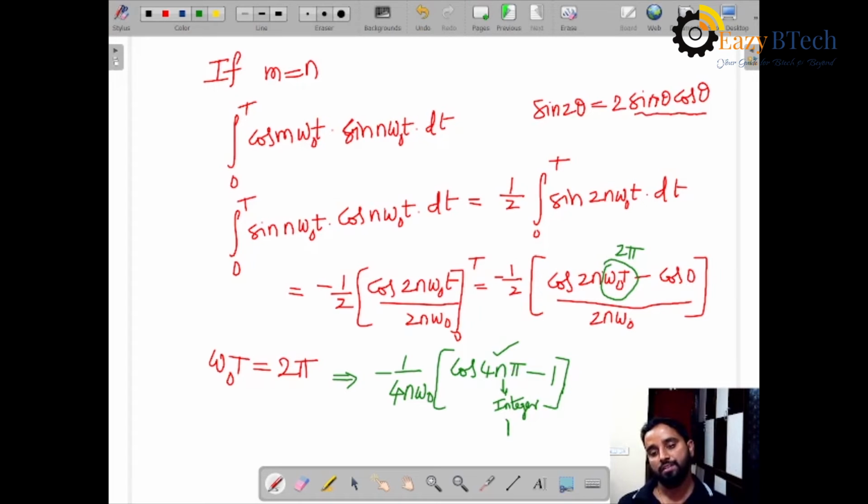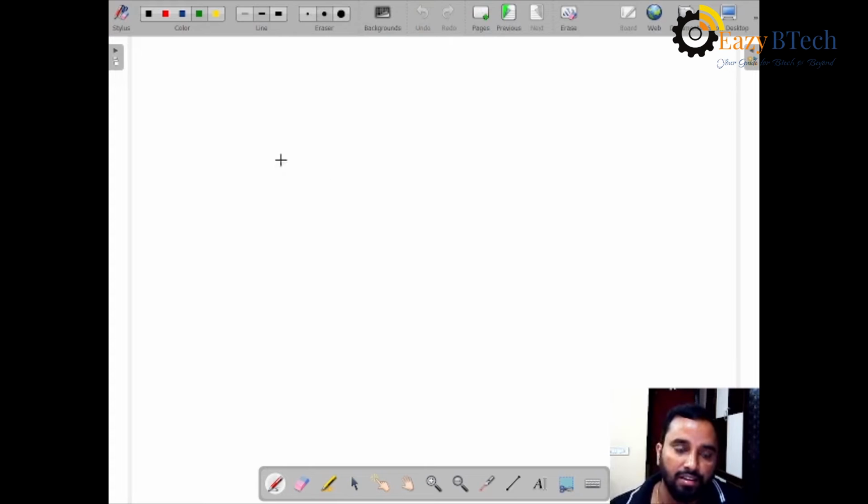So 1 minus 1 is 0. Right? So if you take m equal to n, the functions cos m omega naught t and sin n omega naught t, this integral is again becoming 0.